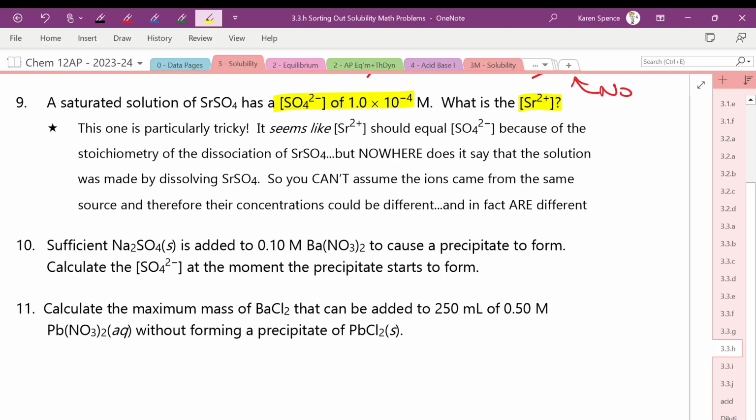How would you recognize that number 10 is a maximum minimum problem? At the moment the precipitate starts to form. That tells you you're going to find the concentration of one ion, plug it in, plug in KSP, solve for the other ion.